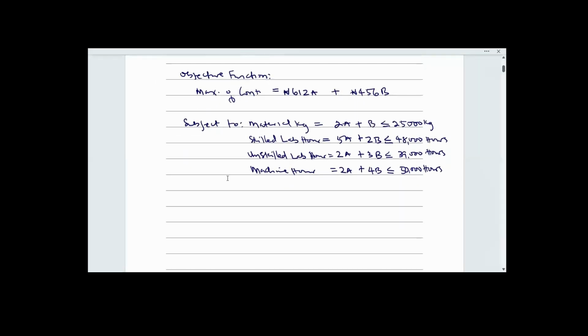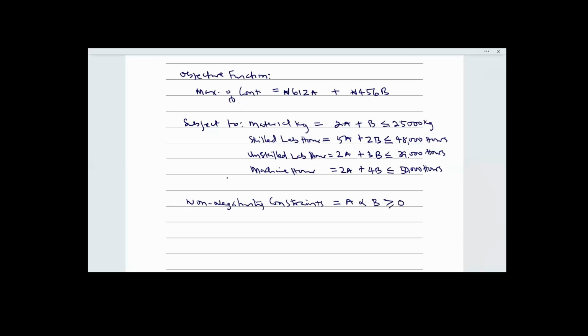Finally, I need to state the non-negativity constraint, which states that negative output is not permitted. Therefore, product A and B must be greater than or equal to 0.